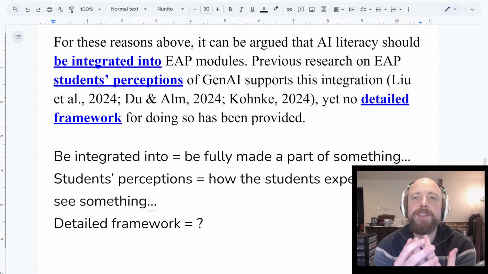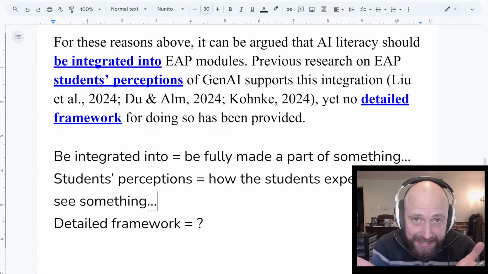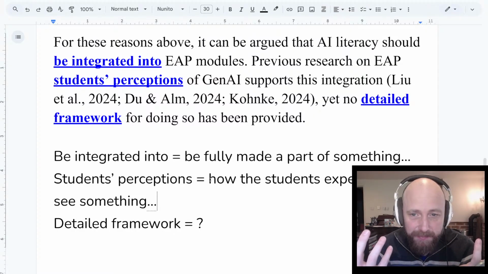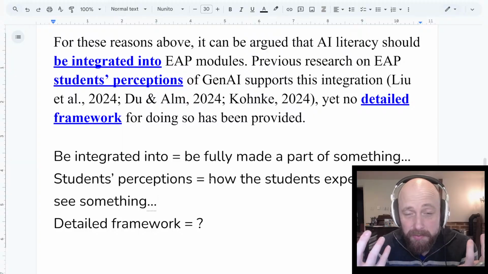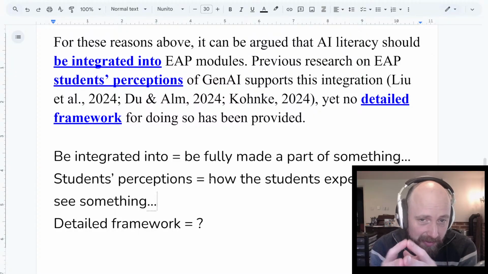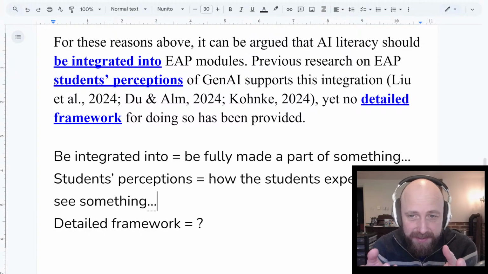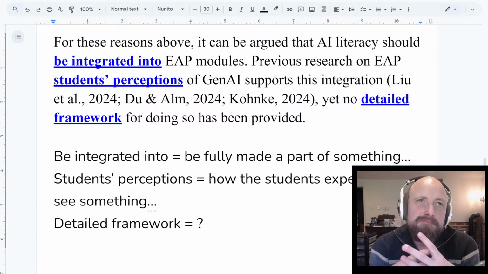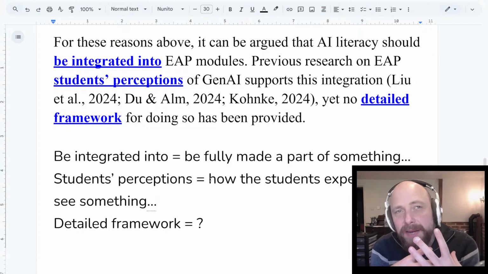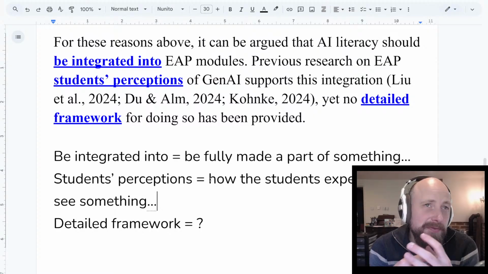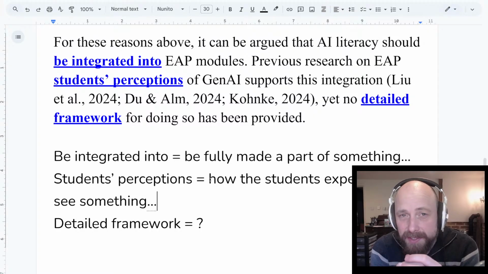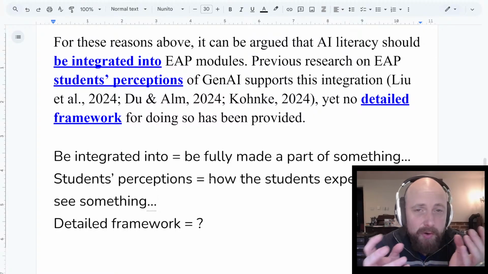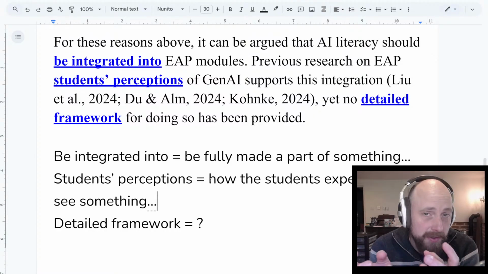So perception is how we perceive, which means how we feel, experience, and see something. So at a very simple level, it is our opinion. It's like, what do you think about Gen AI? But it's also about how you experience it. Like, do you feel positive or negative about it? Do you feel that Gen AI is useful, or do you think it's not useful?